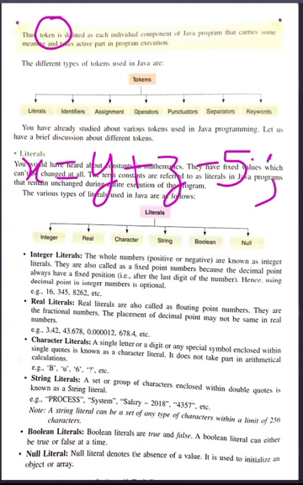In this, each individual component which we are using, that is x, the equal symbol, then y, plus, z, minus, these all are tokens.